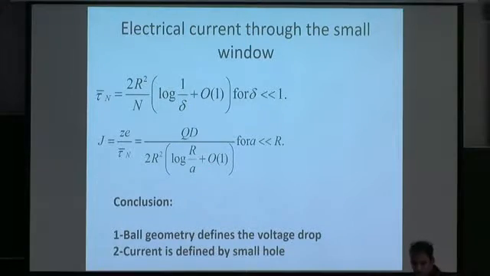So let's conclude this part. The amount of charges inside defines the difference of voltages and the distribution of charges. The current here is defined by the fact that we have a small hole. So it's 2 different geometrical structures.